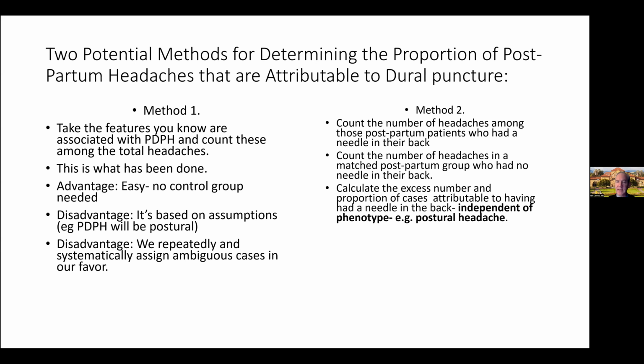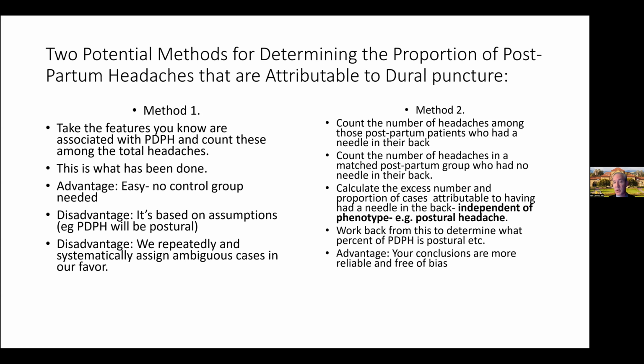And then you calculate the excess number and proportion of cases, headaches, attributable to having a needle in the back, independent of what the headache looks like, i.e. you don't make assumptions that only post-dural puncture headaches are going to be postural or vice versa. So you get to count the excess occurrence of headaches, and then you work back from that to determine what % of post-dural puncture headache is postural. The advantage is your conclusions are more reliable and free of bias. The disadvantage is the methodology is much harder.